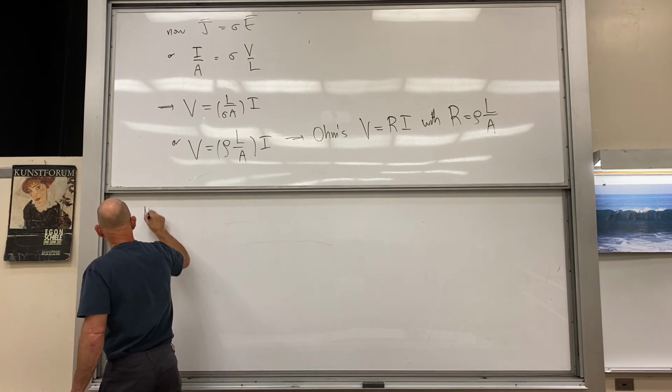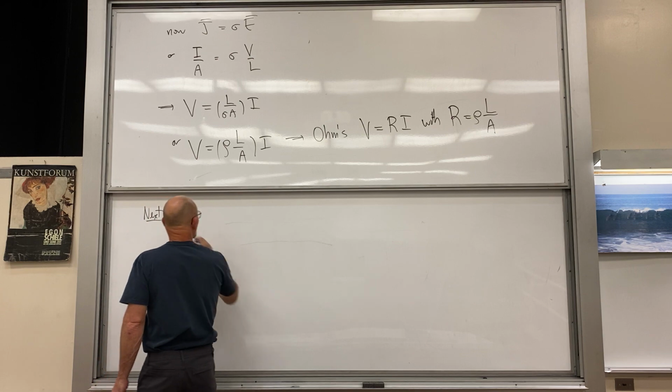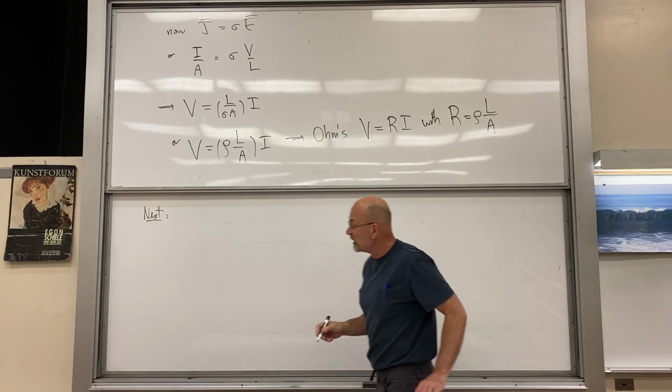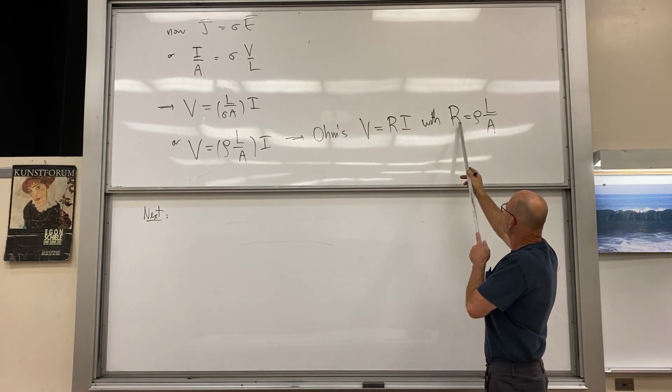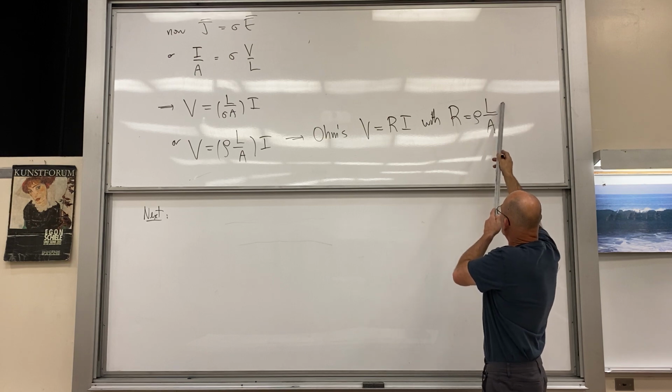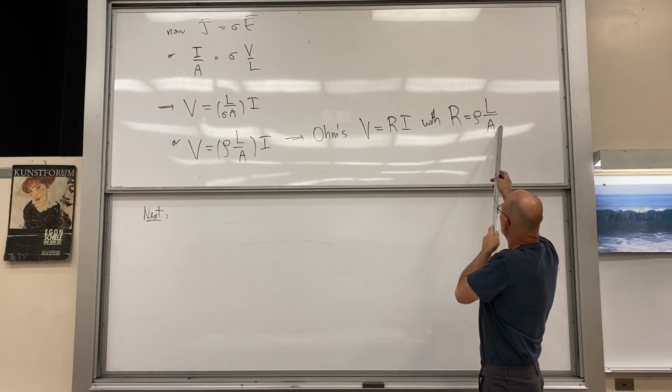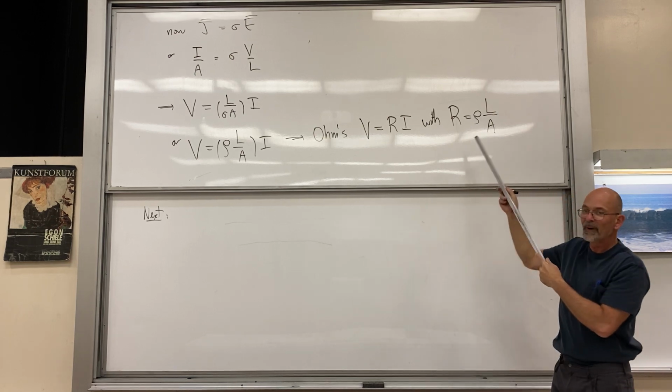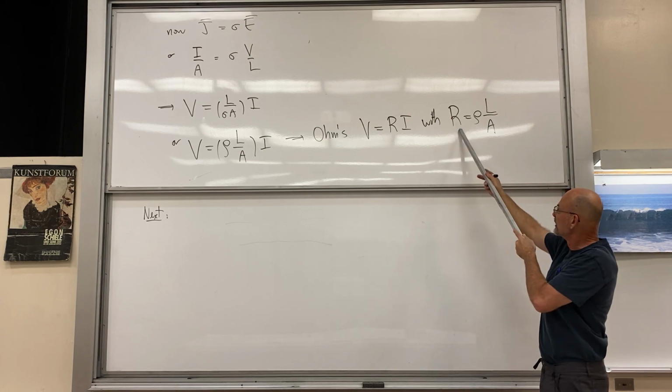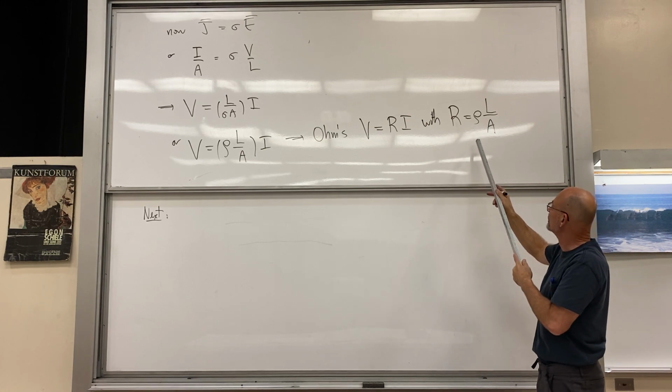Now that we have Ohm's law, and we have resistance, resistivity, proportional to length, inversely proportional to cross-sectional area, which makes a lot of sense in the idea that this is resisting something.